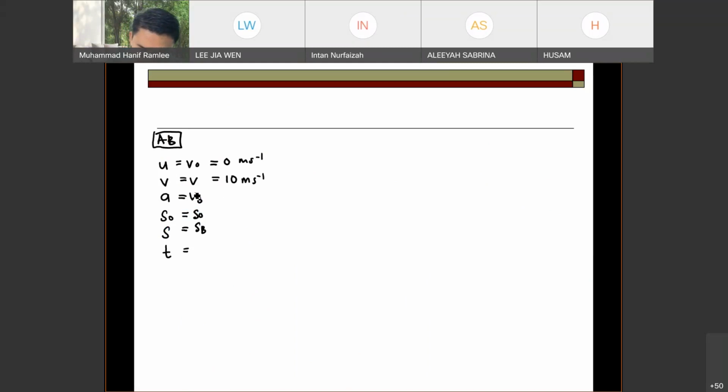Sorry, this one should be AAB. Okay, S naught. Can someone tell me what is the value for S naught for this region? Anyone? S naught, the initial displacement for AB. Anyone? Let me go through again.